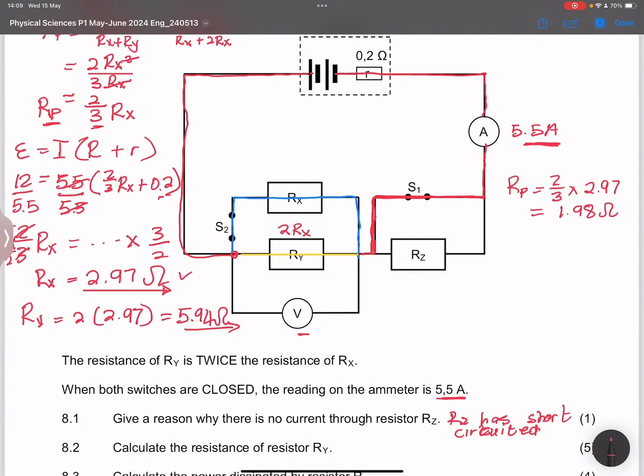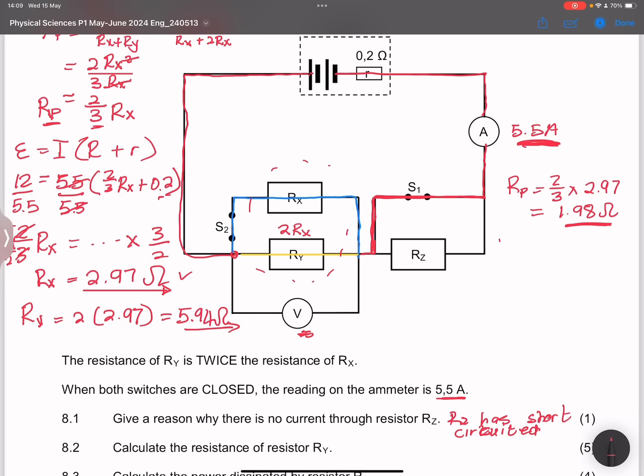Once I can find out, remember that in parallel, voltage is the same. So if I take those two as one resistor, they give me an effective parallel resistance of 1.98, and that 1.98 resistance would have a total current of 5.5 passing through it.